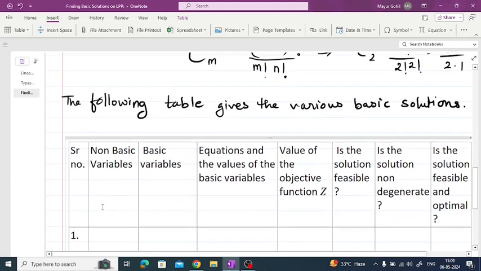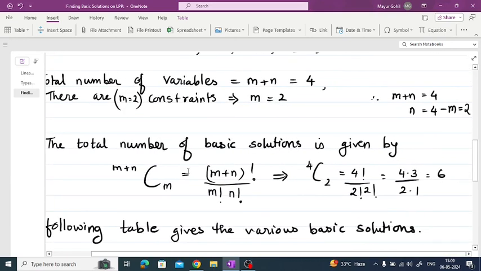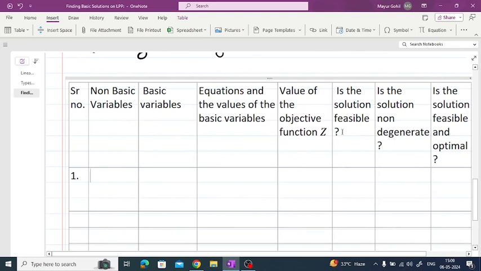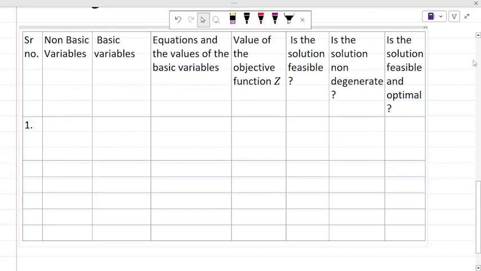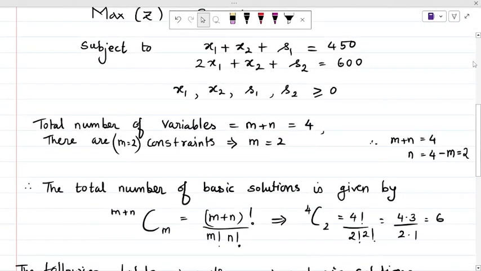Our choice for n is 2. We have to choose two variables at a time from the given equations. Why two?